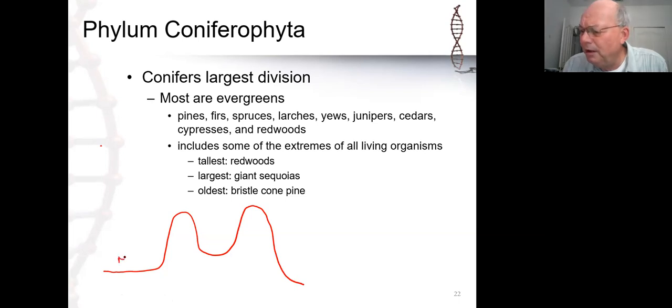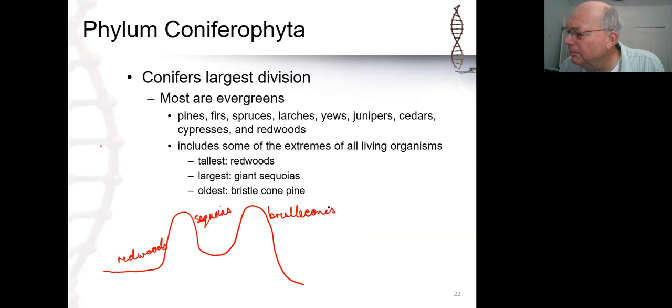So the redwoods are here on the coastal plain. The sequoias grow on the eastern side of the Sierra Nevadas, and then the bristlecones are on the eastern side of the inland mountain range, and down here is Death Valley.